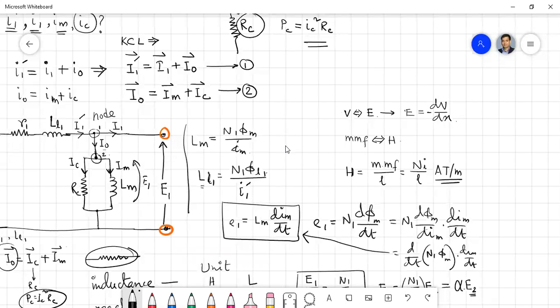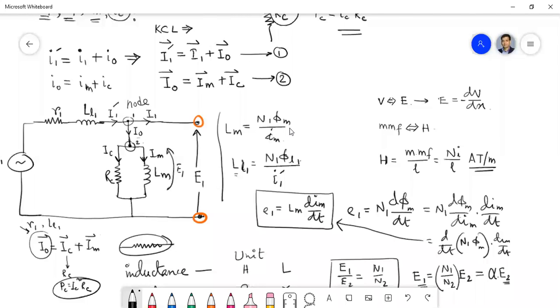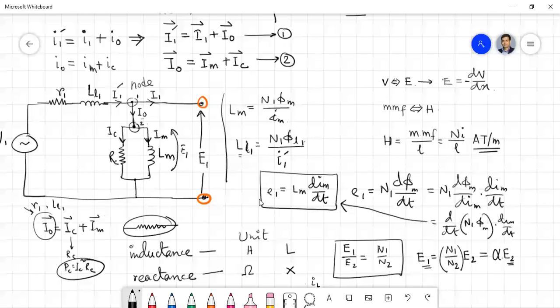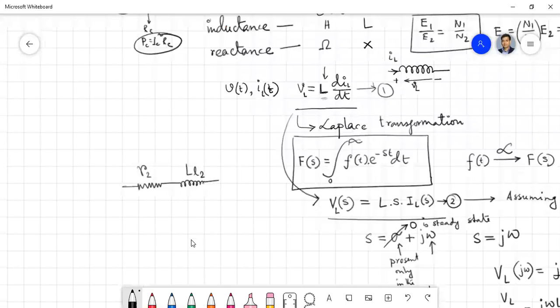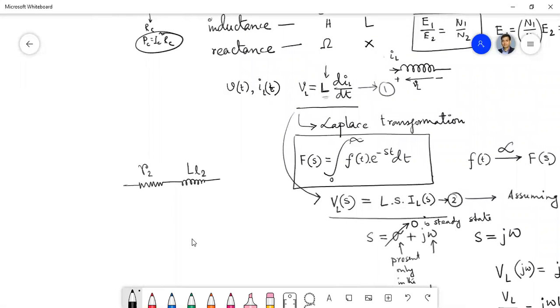Okay, for the secondary, what is the voltage? For coil 2, what is the voltage? Can anybody tell me? Sir, E2. Yes, for coil 2, the source voltage is E2. And if there is some current flowing, the current will flow through which elements?